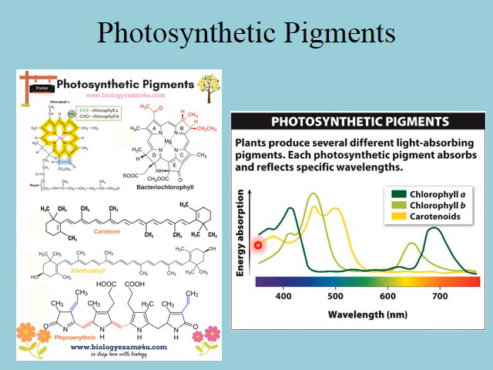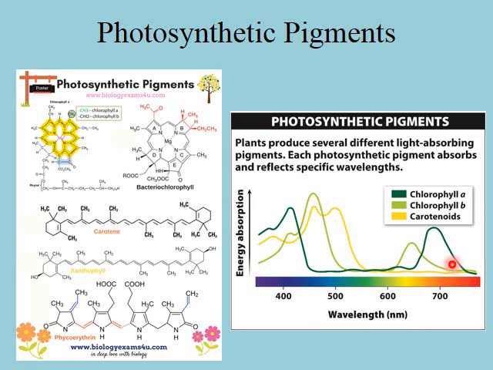Now the carotenoids are able to absorb the violets, blues, and greens, but they are not able to absorb the yellow, oranges, and reds, and so they reflect them.